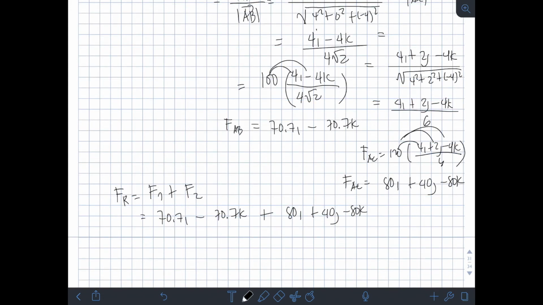Combining similar terms for the ijk components, for i we have 70.7 plus 80, which is 150.7i. Then for j, just plus 40j. Then for k, we have negative 70.7k minus 80k, which is negative 150.7k. So, therefore, this is the resultant force vector FR.